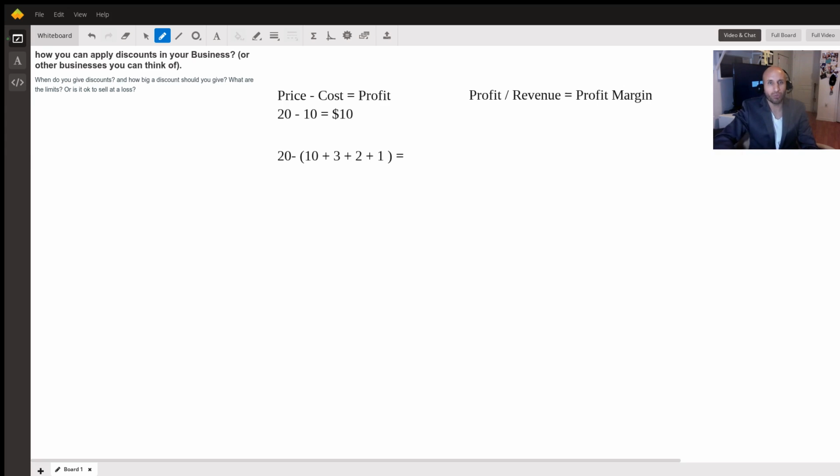So in this case with the widget, it's just a quick example. My cost really is $10 that it cost me, plus $3, that's 13, plus 2 is 15, plus 1, that's $16. So the real equation is $16, and I'm walking away with a $4 profit. What's good to note here is that my break-even point is $16.